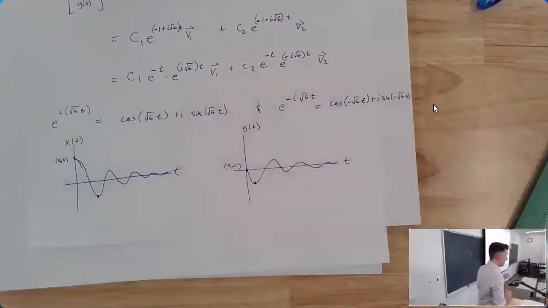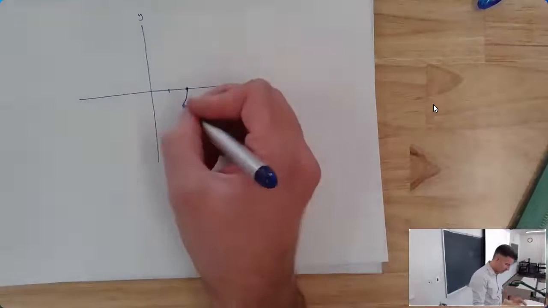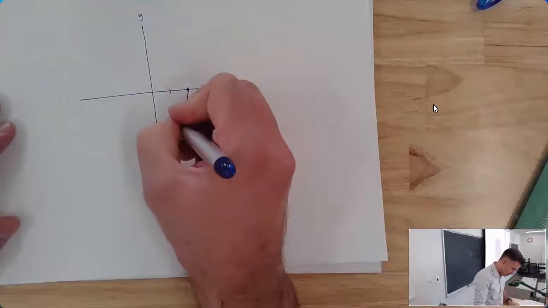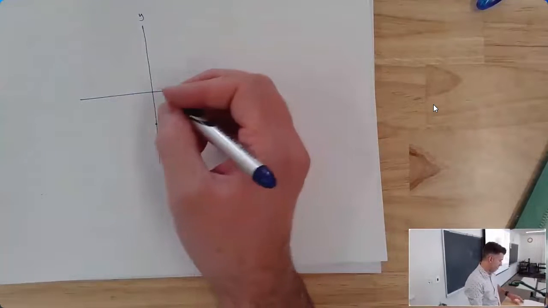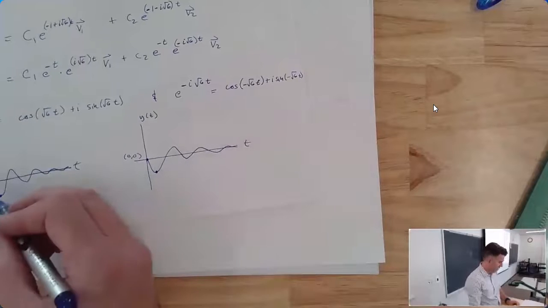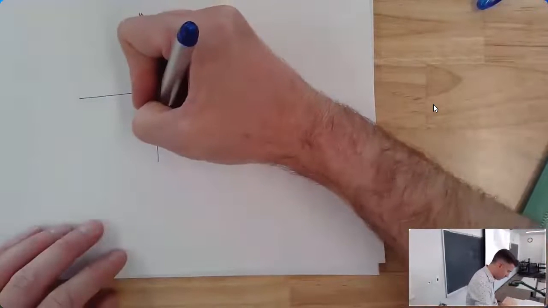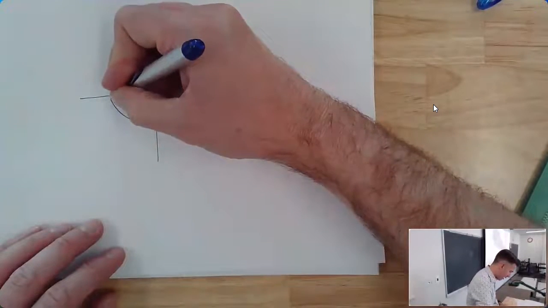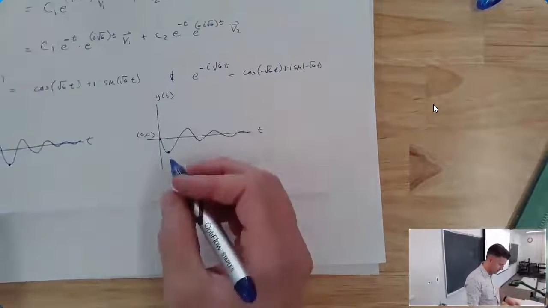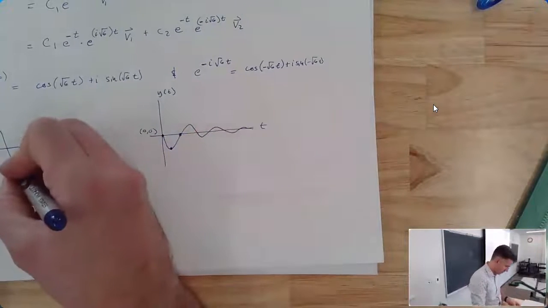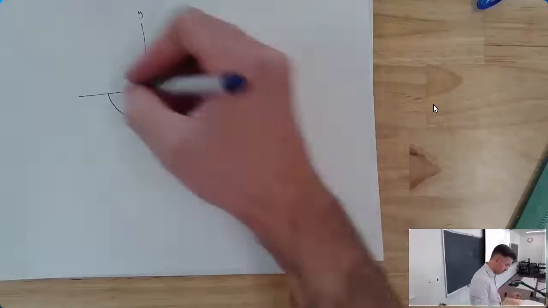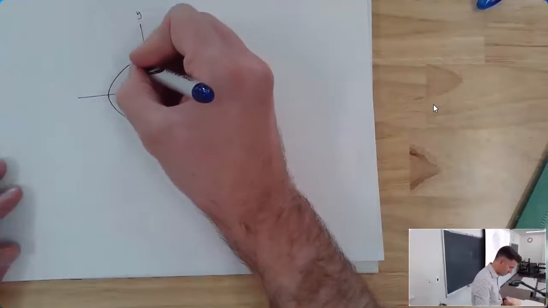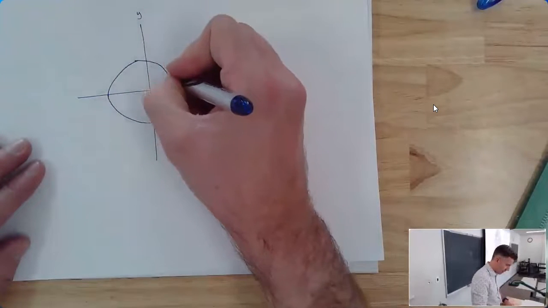Maybe not at the same point, but eventually we get to maybe this bottom here, and then y starts getting bigger. Maybe y starts getting bigger before x does. Then we come around here, and now we've gotten over to this spot, and now x is getting bigger while y is still getting bigger. So we've got this spiraling behavior.